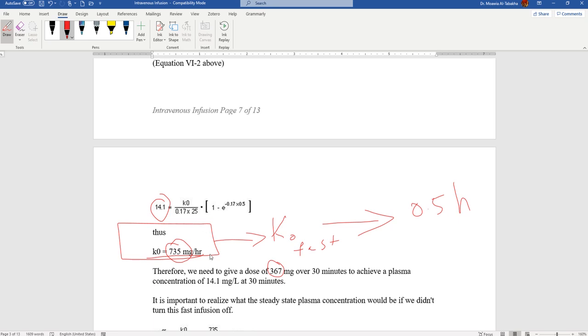Then what do I do? I have to reduce this fast rate to the normal, the normal which will give me 14.1. That means its input is equal to the output, the rate of elimination. And this was already calculated as 60 milligram per hour. Don't forget this. Okay?